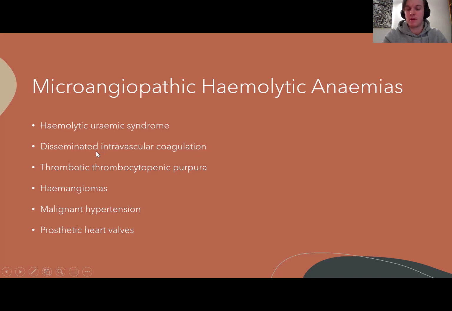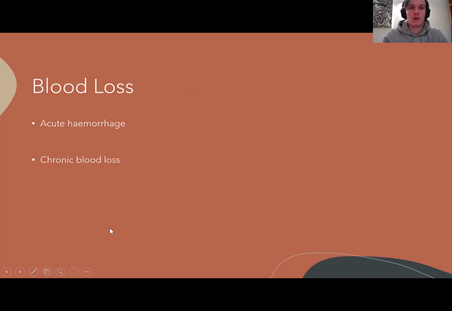So people will tend to present with purpura, with bruising, with evidence of hemorrhage as well. In terms of your exams, if you see something like this, this would be a case of calling for help in the OSCE situation. I don't think they would give it to you, but people will tend to be very unwell with DIC, and it's something that can result from any of these situations.